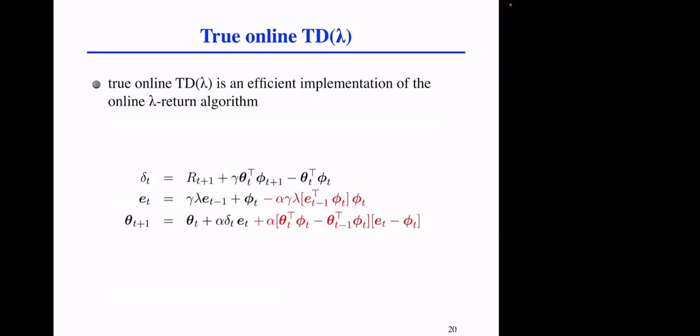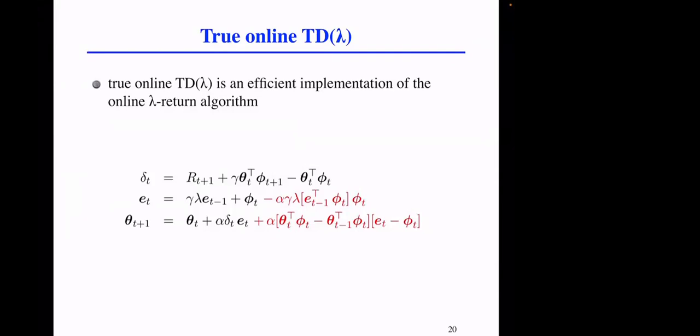Because while you can build the online lambda return algorithm for the nonlinear case, that's no problem, the derivation behind true online TD lambda uses that the gradient doesn't depend on your weight vector, which is the case for linear function approximation.